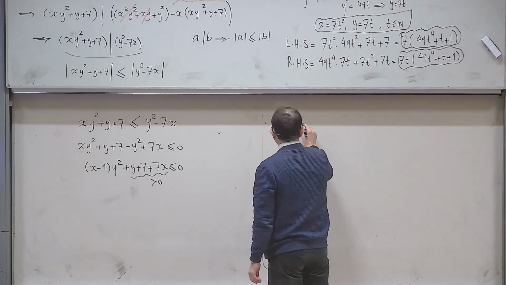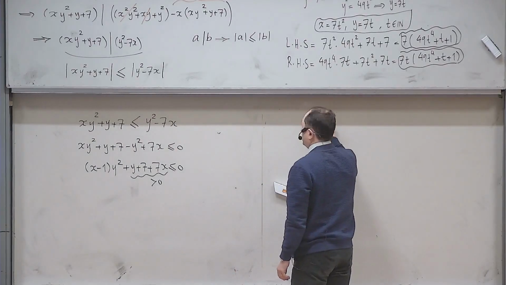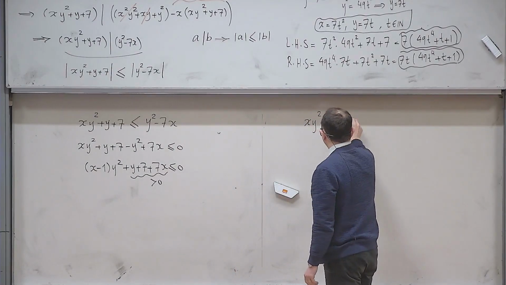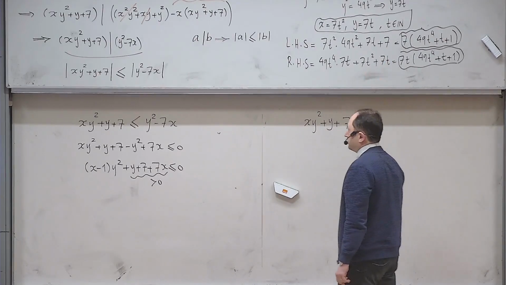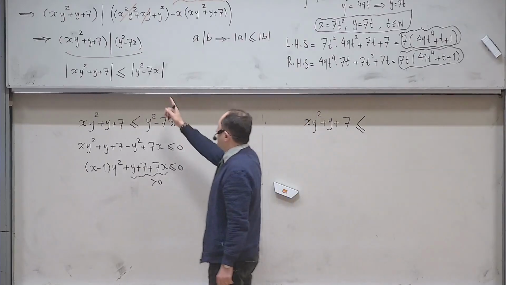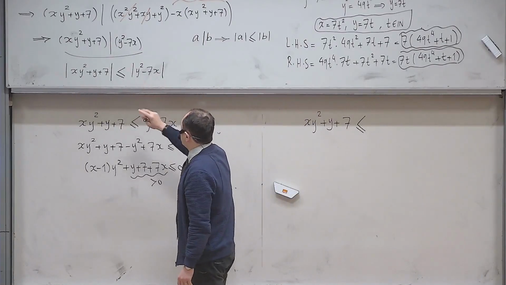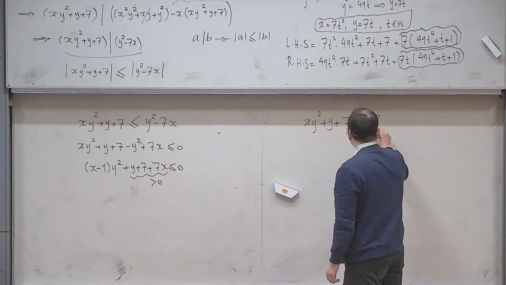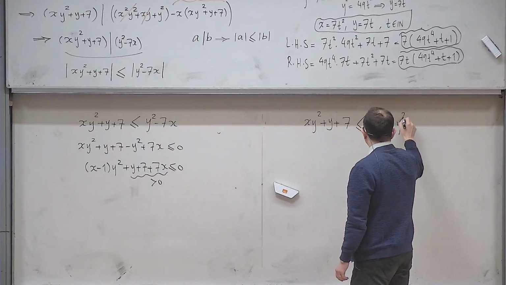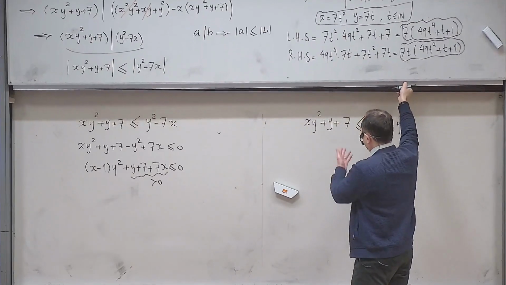So let me write xy squared plus y plus 7 is less than or equal to, but now because y squared minus 7x is negative, when I remove the absolute value sign, I have to multiply by a minus sign. This becomes 7x minus y squared. Let us see what happens in this case.